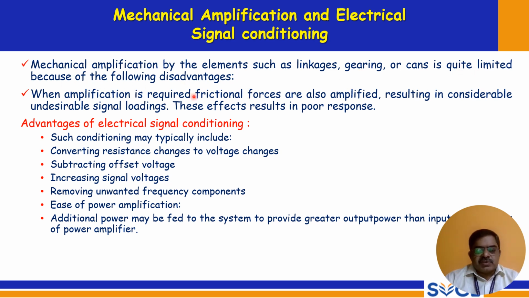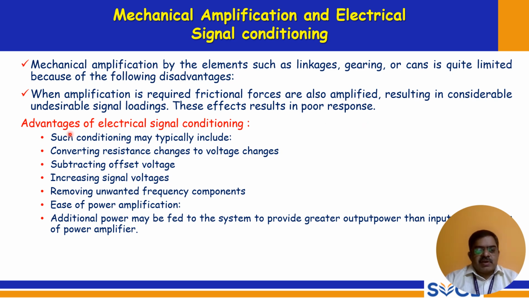When amplification is required, frictional forces are also amplified, resulting in considerable undesirable signal loading. So these effects result in poor response. Almost all linkages, gearings, cam follower mechanisms have contact, so frictional forces will be associated with them.